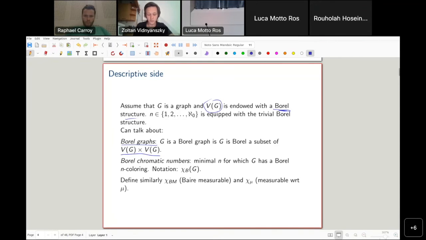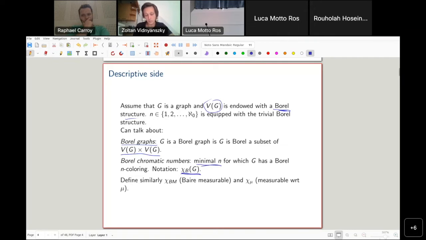Similarly, we can define Borel chromatic numbers. The Borel chromatic number of a graph is the minimal n for which there is an n-coloring which is Borel. I will use the notation chi-B of G for Borel chromatic numbers.